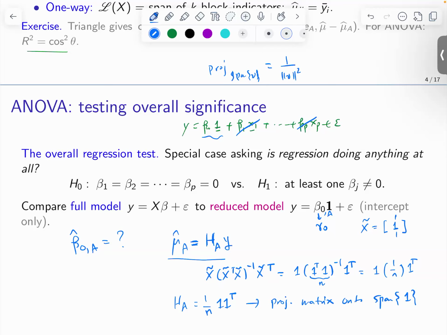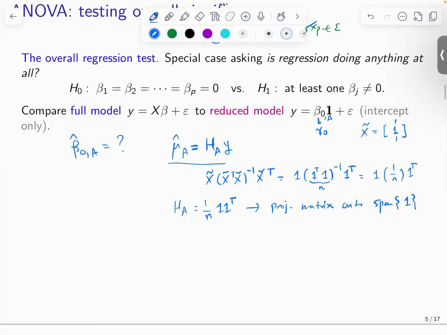In this case the norm squared would be n. That's good to remember. So that's the projection operator. Once I apply it to my y, what would happen? What is 1 transpose y?